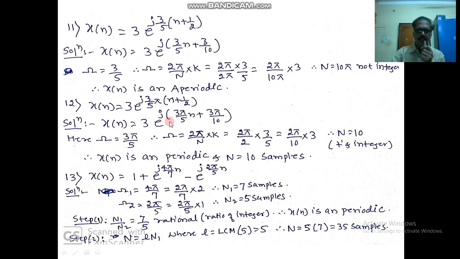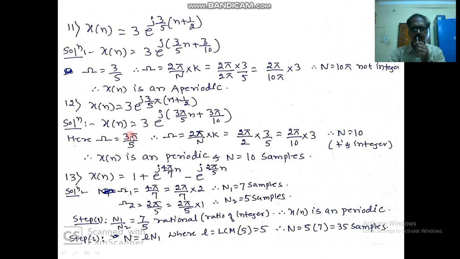Again this is a complex exponential signal in the form of e to the power of j omega n plus 5. Therefore omega equals 3 pi by 5. So this omega value I have to express in the form of omega equals 2 pi by n into k. Here pi is there, there is no 2 pi.